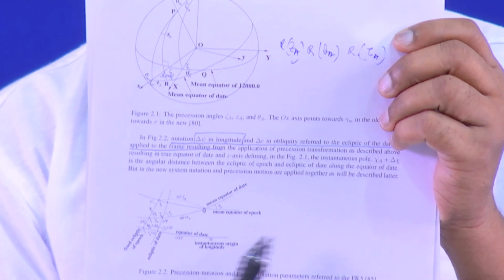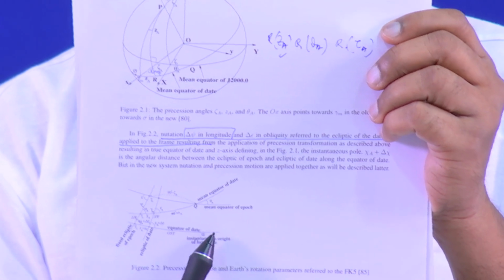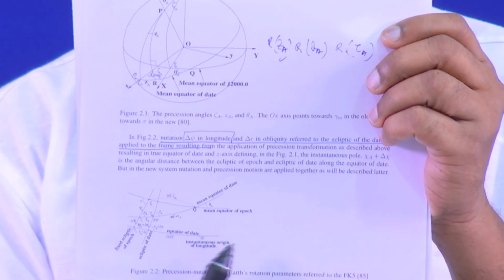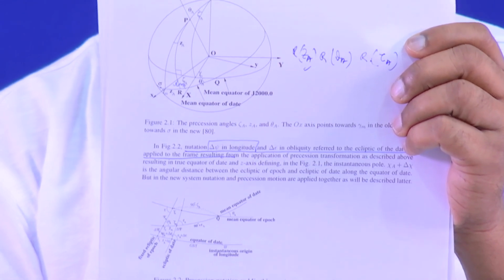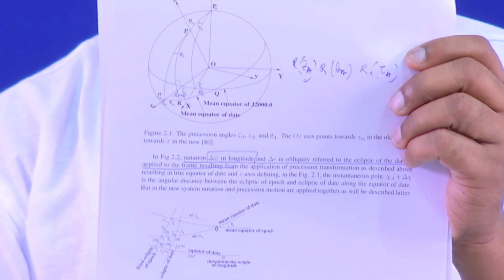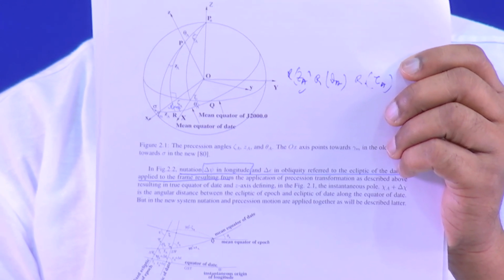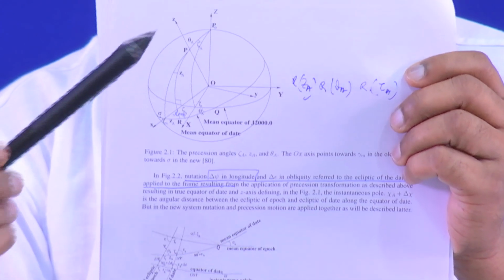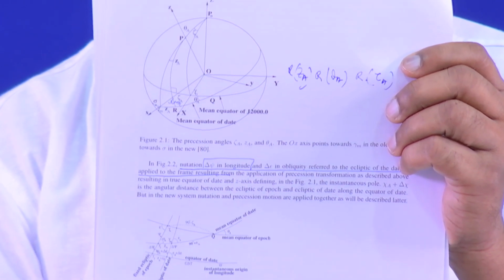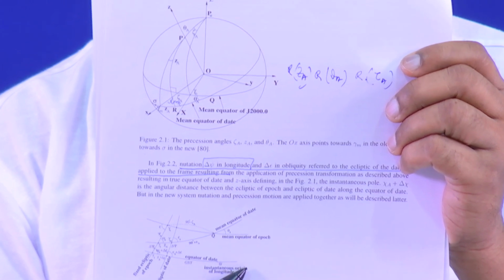By giving the proper rotation, on the board I am not able to draw very neatly, but here it is drawn very neatly and all the angles are also shown. The upper figure refers to the precession and the lower figure, both the nutation and precession are combined together, which I have shown on the screen.